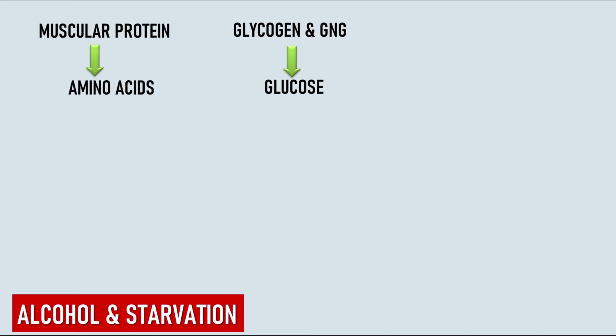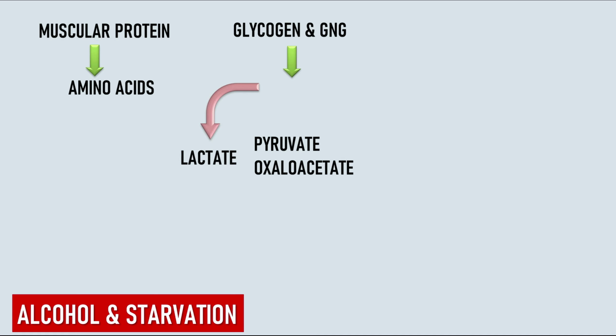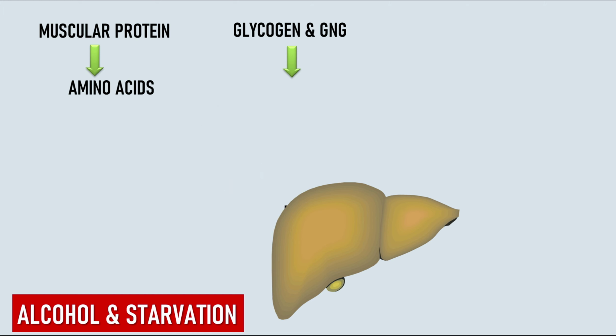Glycogen and gluconeogenesis will generate glucose that is subsequently metabolized to lactate and pyruvate and subsequently oxaloacetate. Glycogenic amino acids are also broken down, sent to the liver to regenerate glucose by gluconeogenesis. And this is really important because that's how we keep the blood glucose level high enough in the body to ensure that obligate glucose-using organs such as red cells have sufficient glucose present to keep functioning.